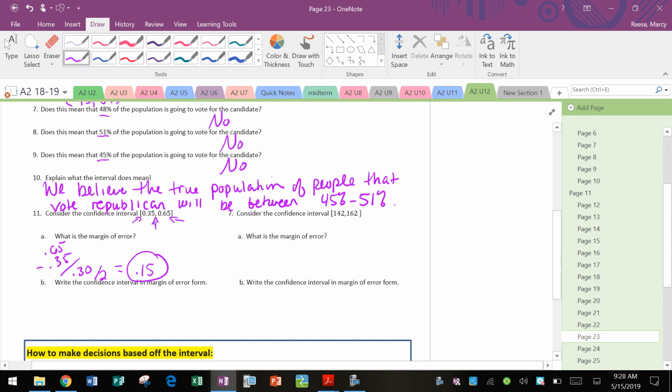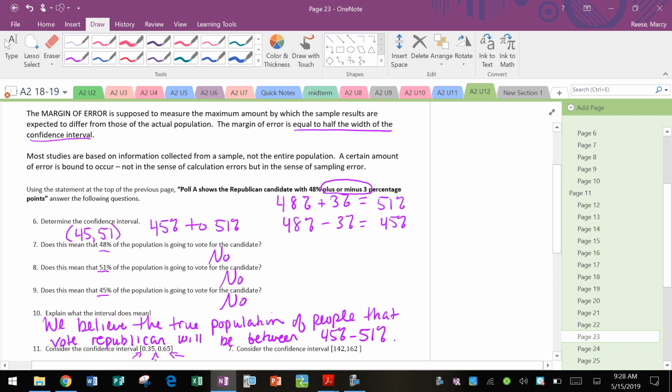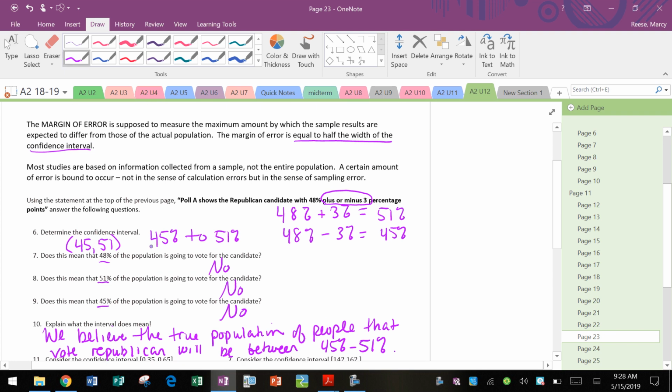And easily what I could do is say, okay, if I take 0.35 and I add that margin of error, because this is my lower confidence interval, right? The lower confidence interval. And I add that margin of error, that's going to get me to the middle number, which is 0.5. And that is going to be similar to up here, that 45% that was up here, or 48% that was up here, see this, right?